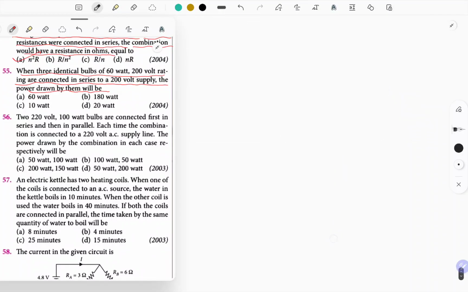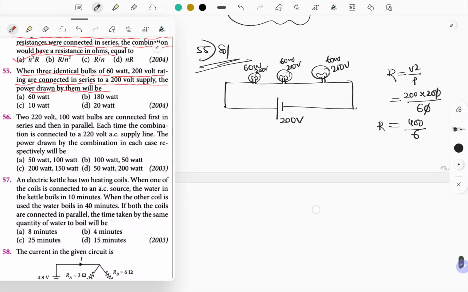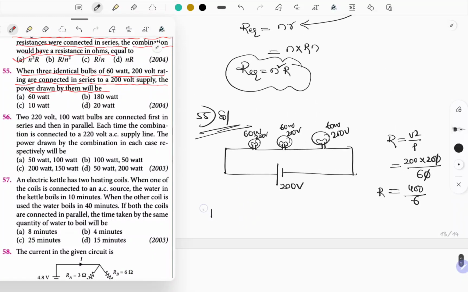So all these bulbs are connected in series, right? Let's find out the equivalent resistance. R equivalent is equal to, as there are 3 resistors, 3 times R, that is 400 divided by 6, which is equal to 200 ohms.